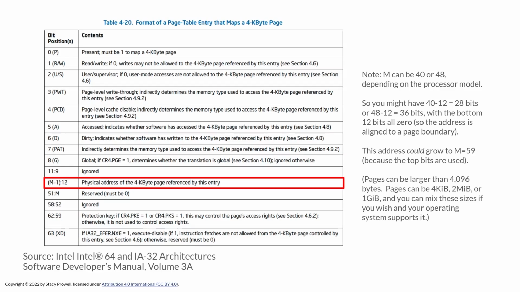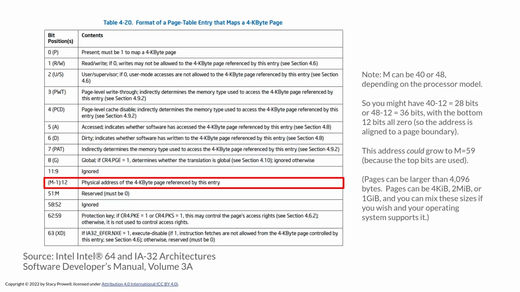An address stored in the page table really only needs those 36 bits. What else is in there? Here is the format for an entry in the page table, and you can see there's a lot of stuff going on there.